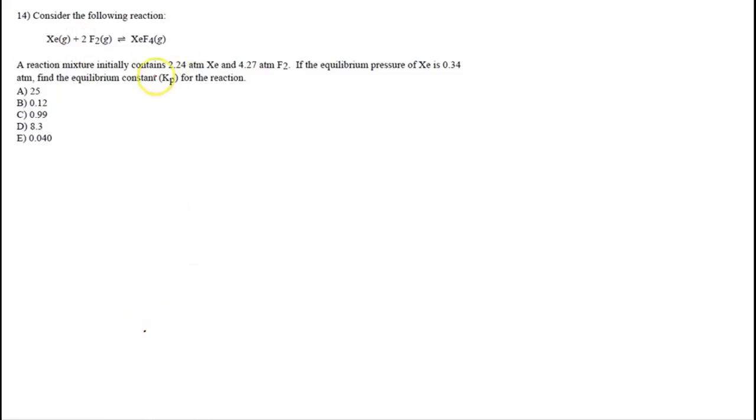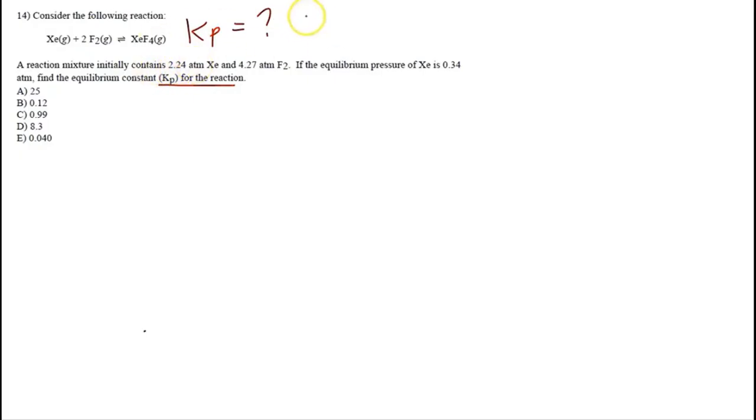Okay? Now again, we don't always have to talk about concentration. As you see here, a lot of atmospheres, which means we're talking about equilibrium pressure instead of equilibrium concentration. Okay, folks? When you're talking about equilibrium pressure, think partial pressures only. So here, they want us to find the Kp for this reaction. We don't know the value of Kp, but we can use our overall reaction to help us solve for the mass action expression.